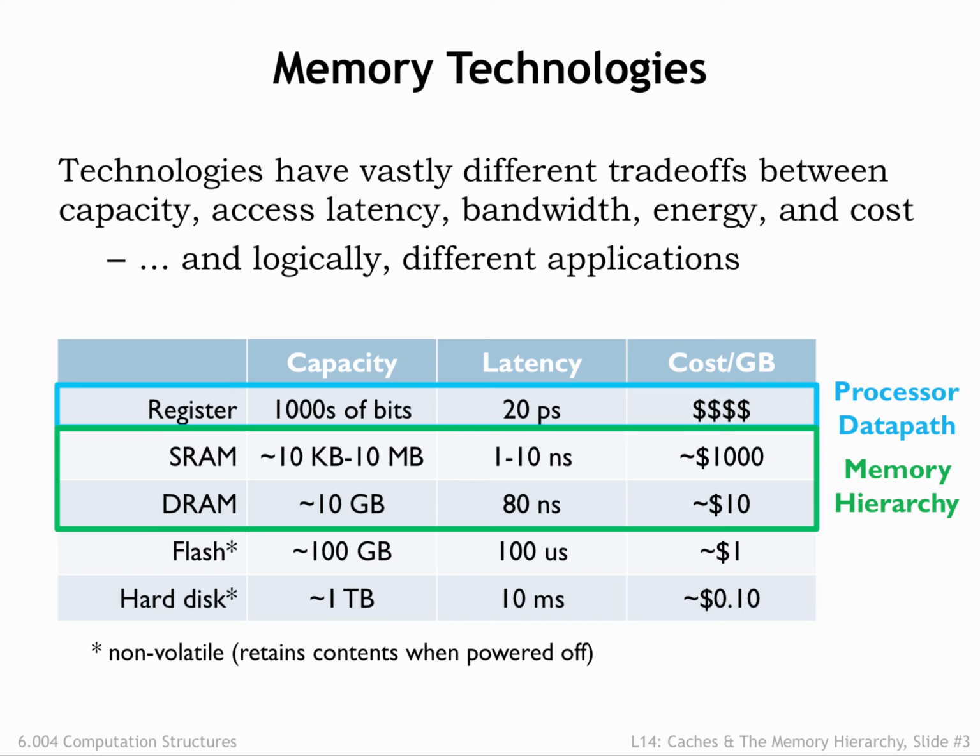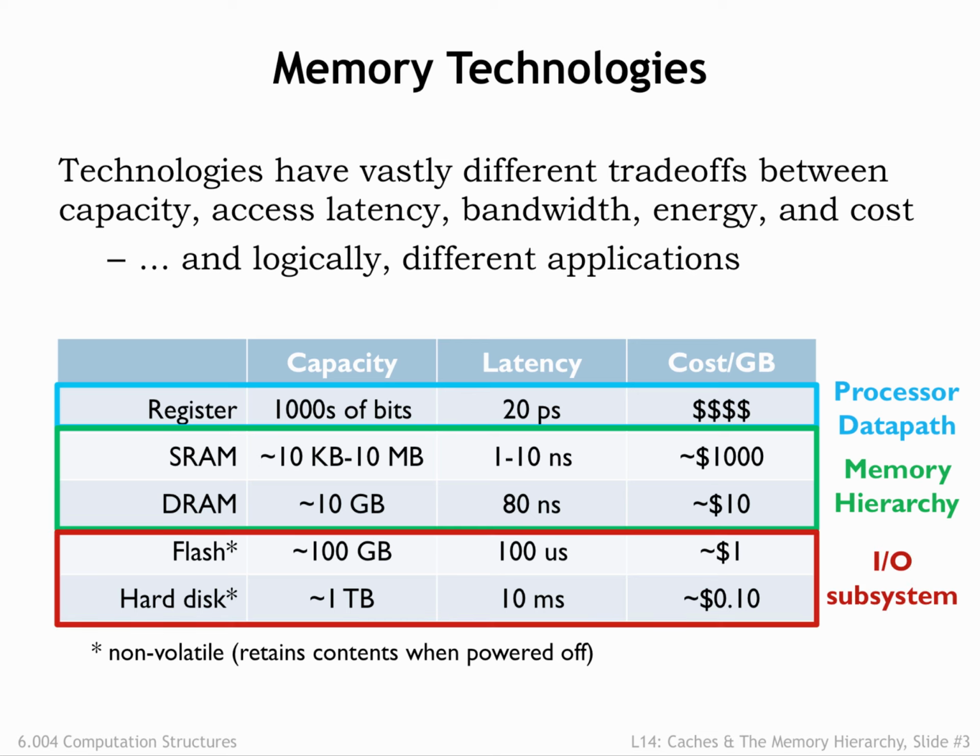Notice that the word average has snuck into the performance claims. This means that we'll be relying on statistical properties of memory accesses to achieve our goals of low latency and high capacity. In the worst case, we'll still be stuck with the capacity limitations of SRAMs and the long latencies of DRAMs, but we'll work hard to ensure that the worst case occurs infrequently.